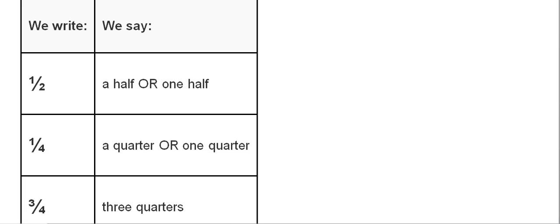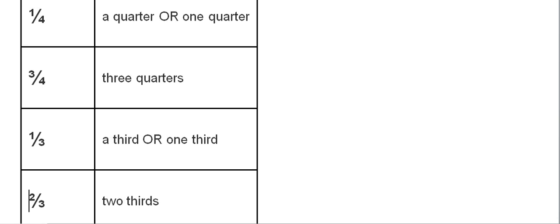But in daily life, people say a half or 1/2. And for 1 over 4, we say a quarter or 1/4. 3 over 4, 3/4. 1 over 3, a third or 1/3.